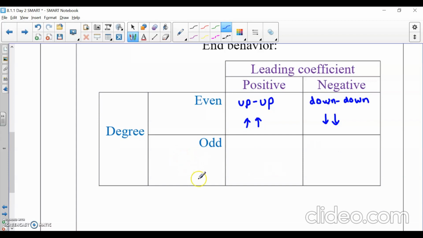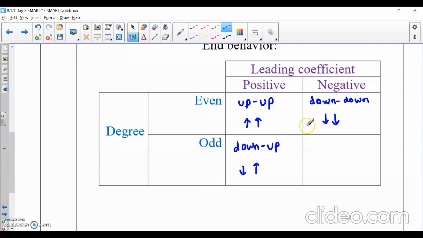Now for odd degrees, it's a little bit different. Now this is where we get into the up-downs. So when our degree is odd and our leading coefficient is positive, that's when you know you're going to have a down, up. Okay, so we're going to have a down and an up.